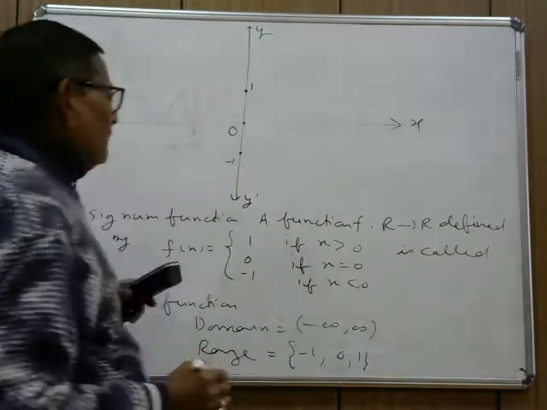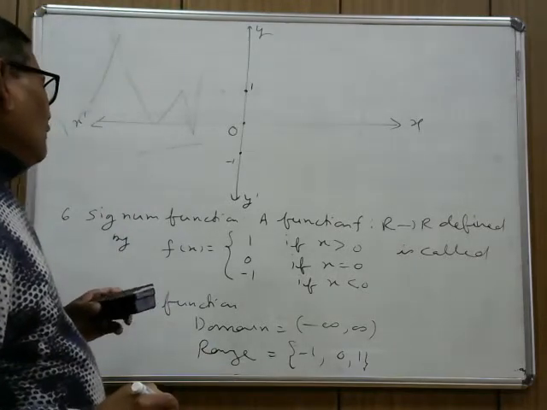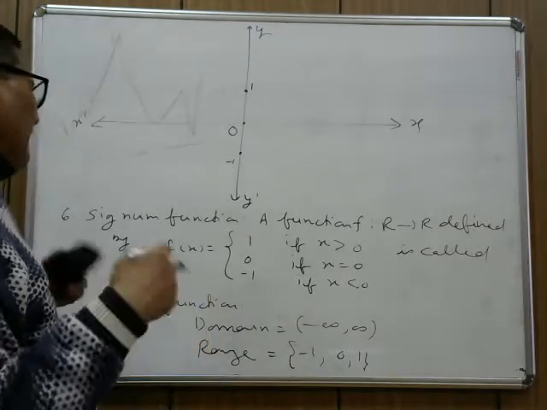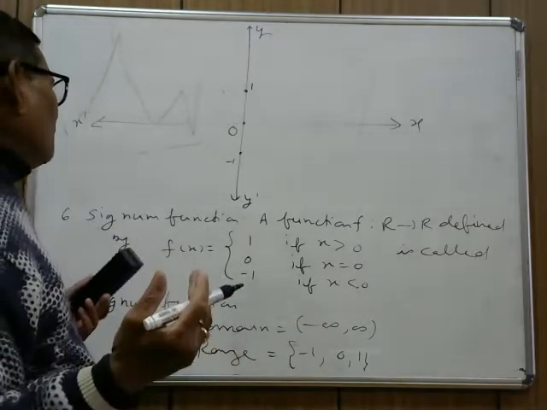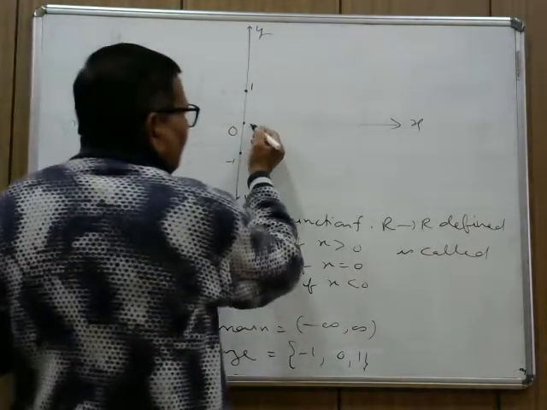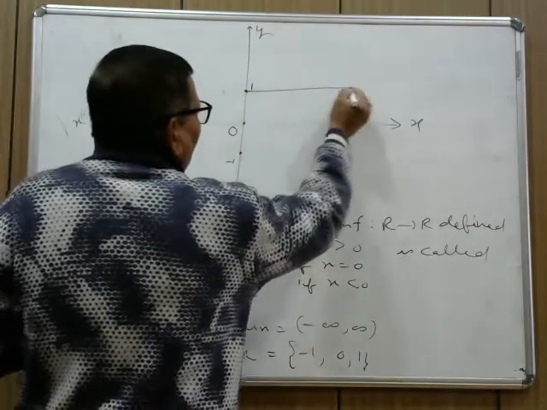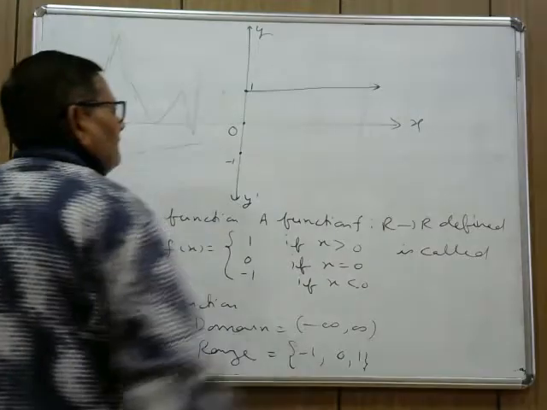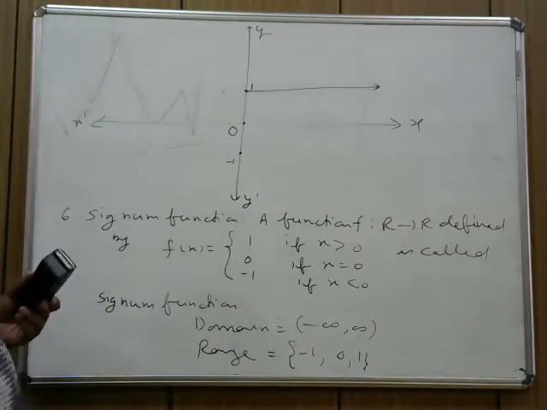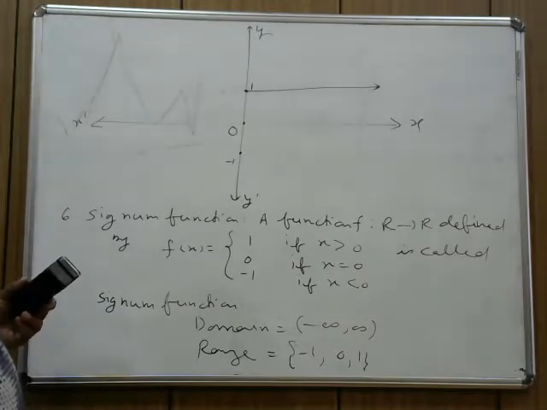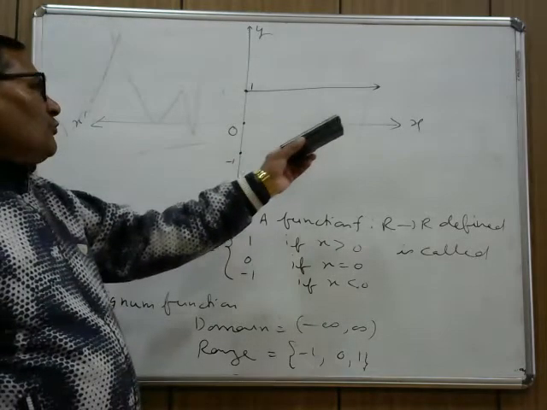So what happens? When x is greater than 0, your f(x) is always 1. You may take x from 0 to infinity, but your graph always shows the value 1. Your value of f(x) does not change as x changes from 0 to infinity.